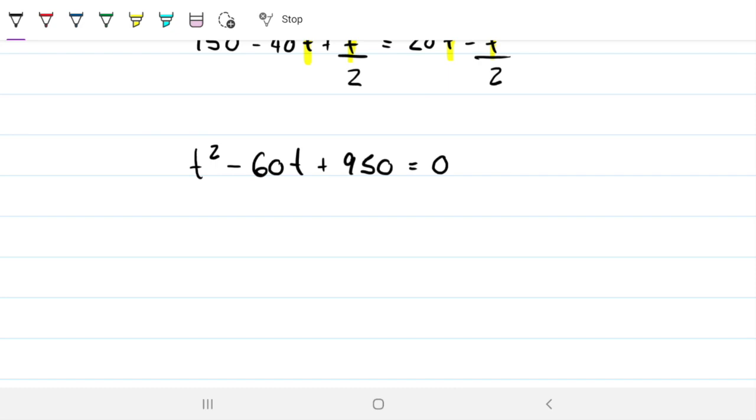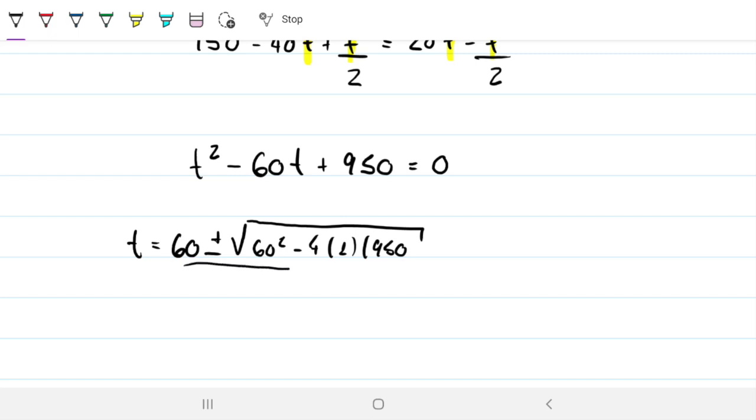And so you can use a calculator if you want, or you can just do negative b, so 60, plus or minus the square root of b squared minus 4ac, divided by 2 times 1. Okay, and that will be 30 plus or minus the square root of 3600 minus 2 times 950, so 2 times 1900.